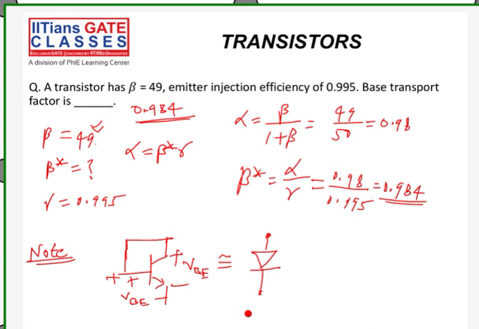So the diode's positive terminal we know and the negative terminal we know here. So the current through this transistor will be controlled by what? The voltage VBE. Whatever current will be flowing will be controlled by this VBE, which is applied across the emitter junction. So the current flow is like this. What will the current flow be?